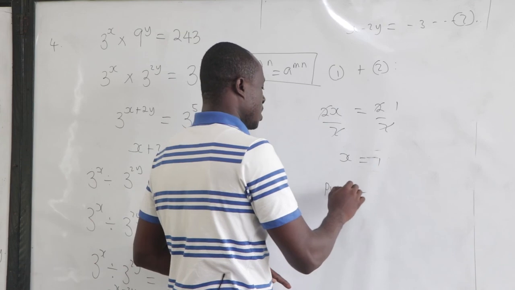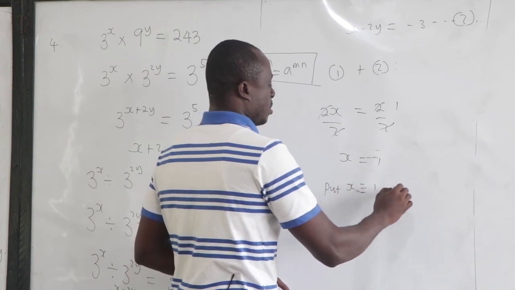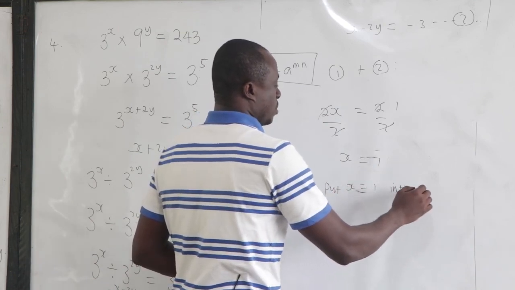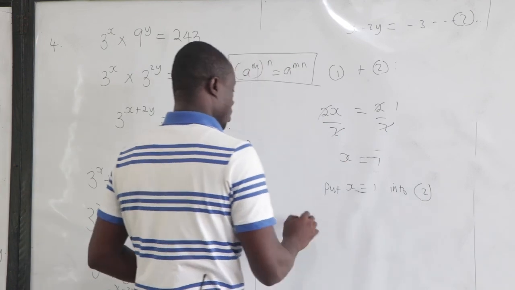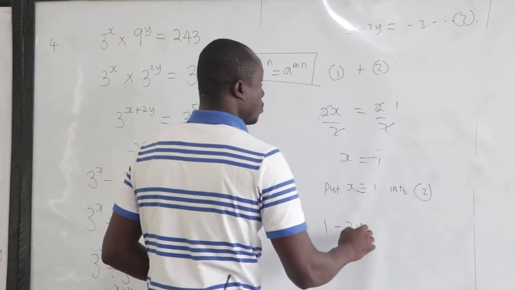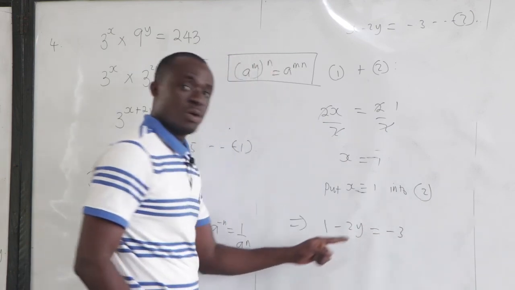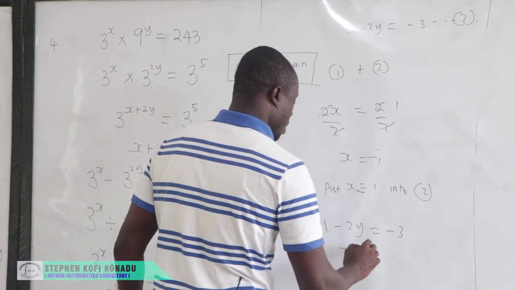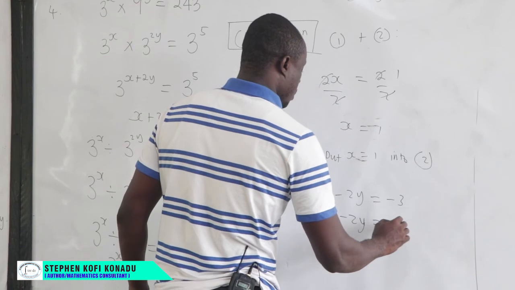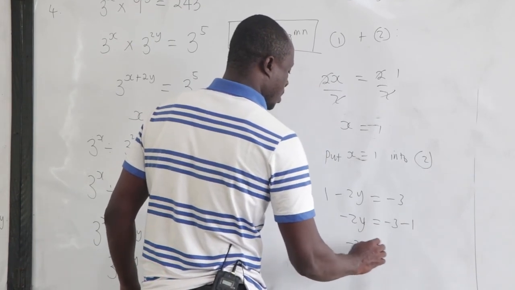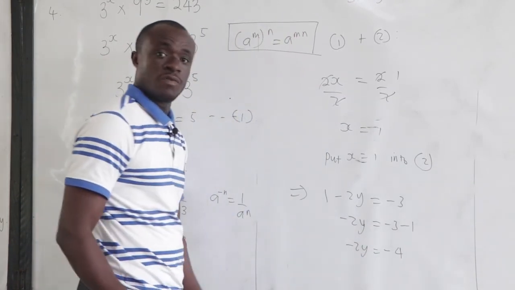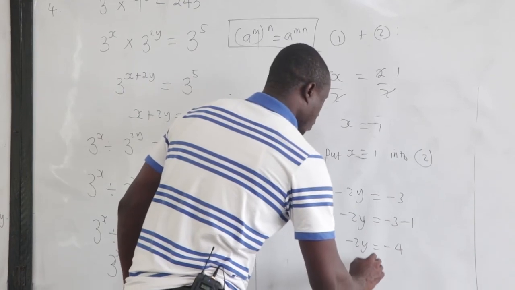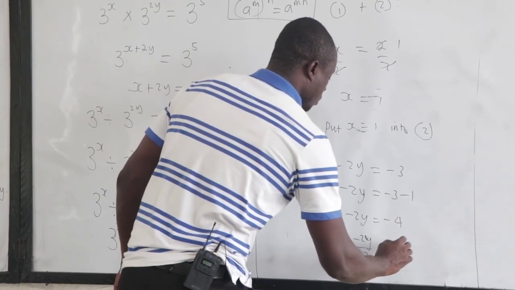You can also put x equal to 1 into any of them, let's say into equation 2. Now, x is 1, so we have 1 minus 2y equal to negative 3. We want to find y, so let this go there. So we have minus 2y equal to negative 3 minus 1. Minus 2y equal to negative 4. To find y, we divide both sides by negative 2.